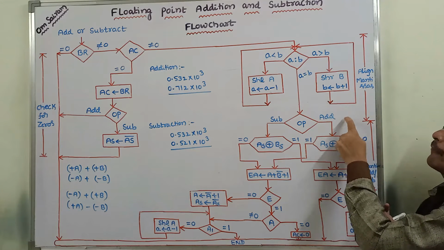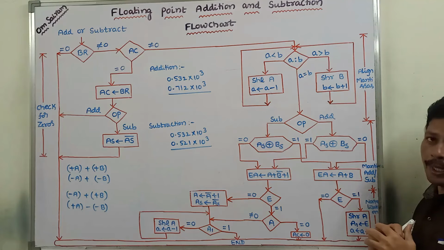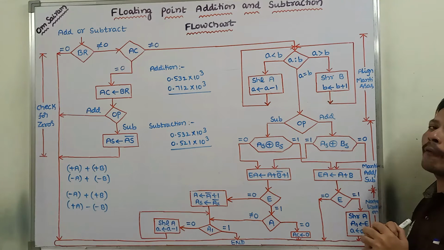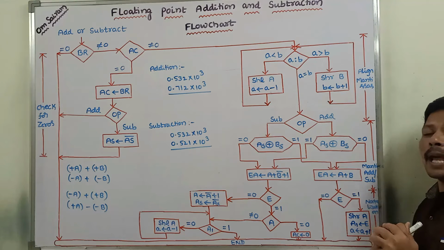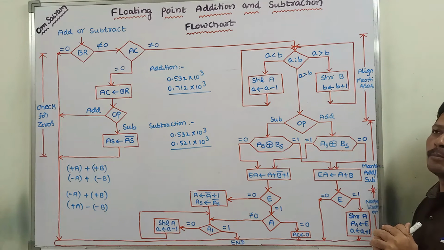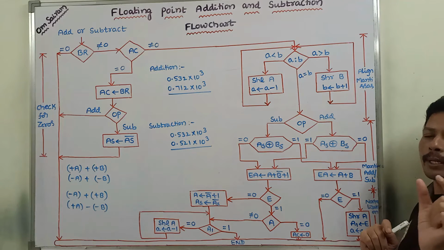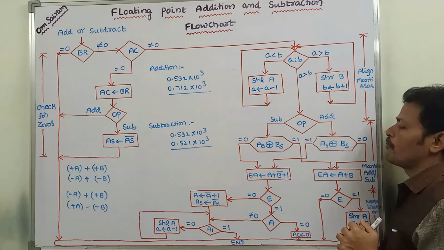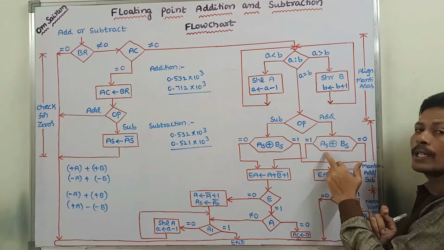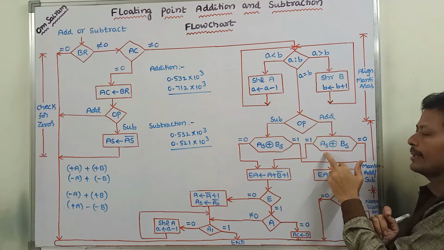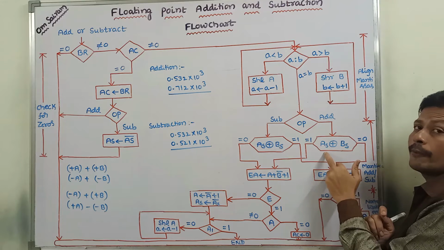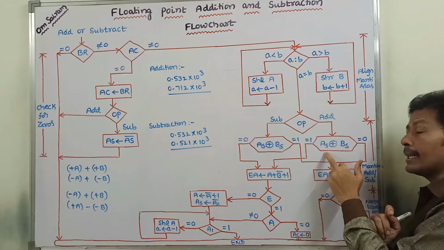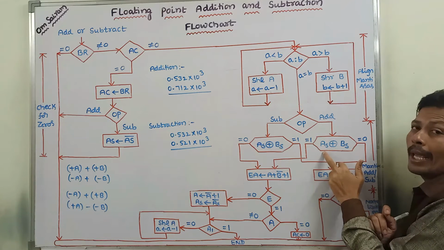Suppose we are performing the addition operation. Now we have to check the sign bits of the two floating point numbers. Only we are considering mantissas. The sign bit of the mantissa of the first floating point number is represented by AS.